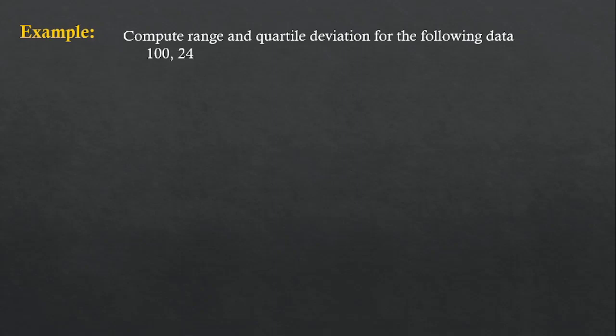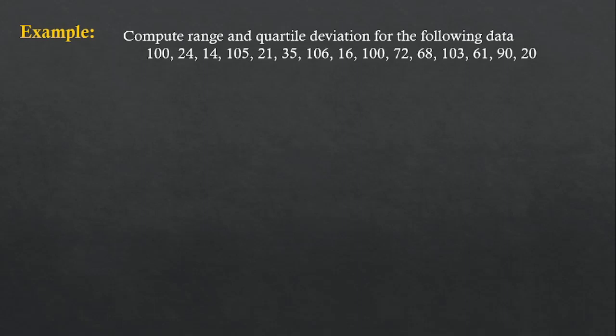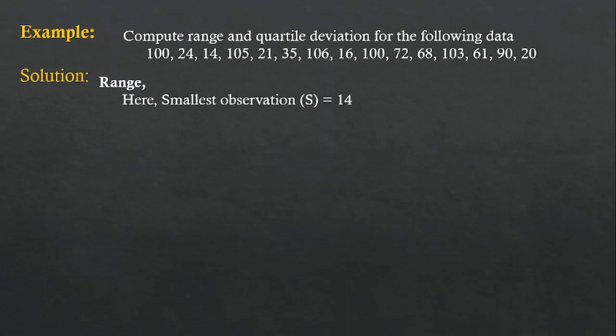Let's see one very simple example, so you can easily understand. Compute range and quartile deviation for the following data. We have been given some observations: 100, 24, 14, 105, 21, 35, like this. Let's see the solution of this question. First is range, and we learned that formula earlier.